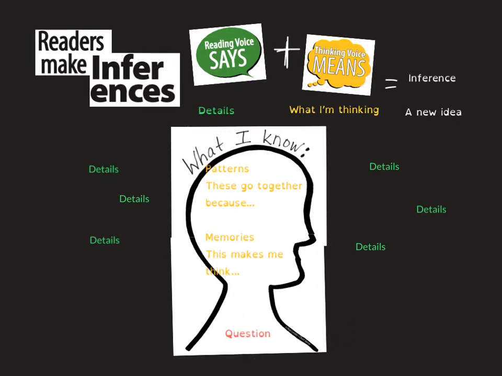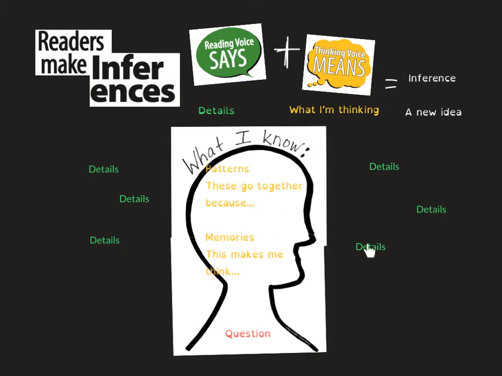Now, in the bottom of the diagram, there's always some big question. The question tells us that we need to practice our reading skills to figure it out. So what we do is while we read, we get all these details. And all these details go outside of the head because it's not what we're thinking, it's what the book is telling us.